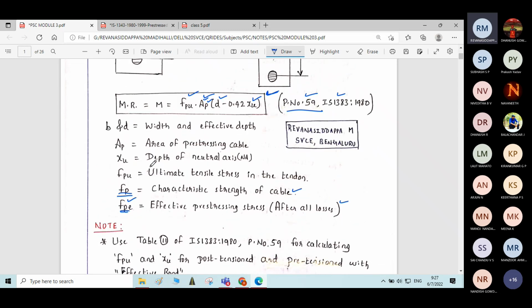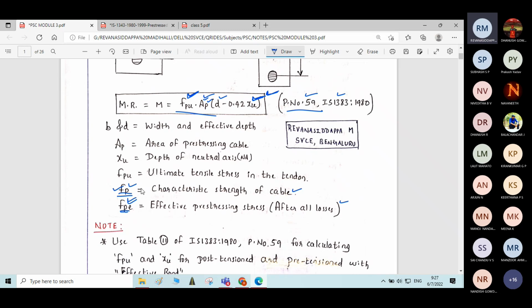In this formula, we don't have the term FP, even we don't have the term FPE, correct? But these are required to find the value of FPU and XU. To find the ultimate tensile stress and depth of neutral axis, we need the value of FP, the characteristic strength of the cable.